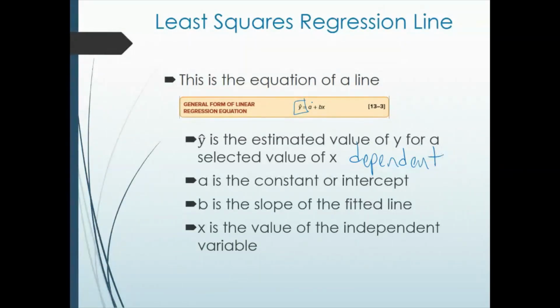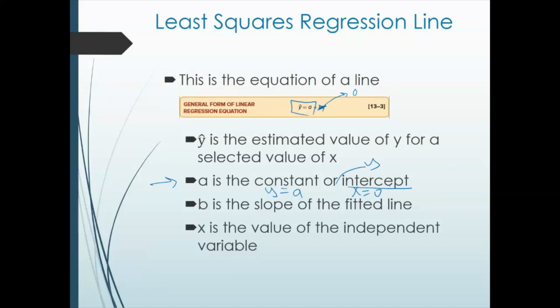On the equation of the line, the number that is alone by itself, a, is the y-intercept, which is the value of y when x is equal to 0. If I put a 0 for this x, then this goes away, meaning y equals a.